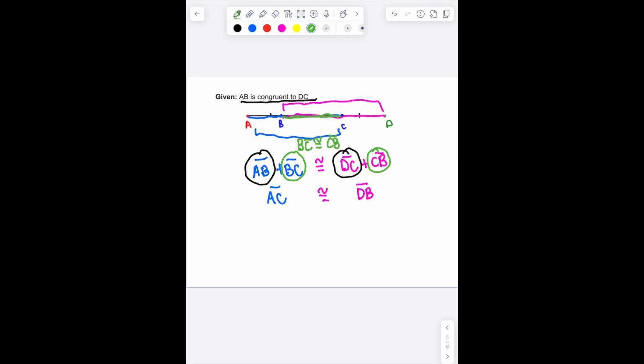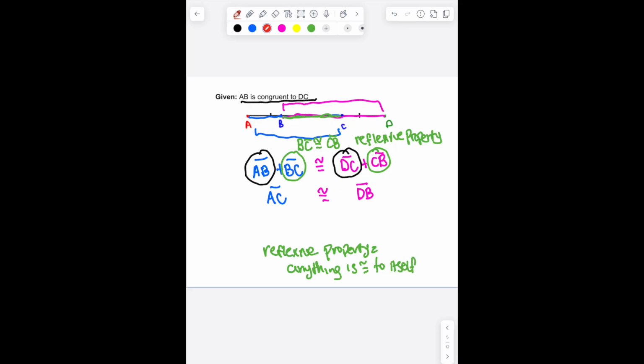We have a property that says anything is congruent to itself, and that's called the reflexive property. Once again, the reflexive property states that anything is congruent to itself.